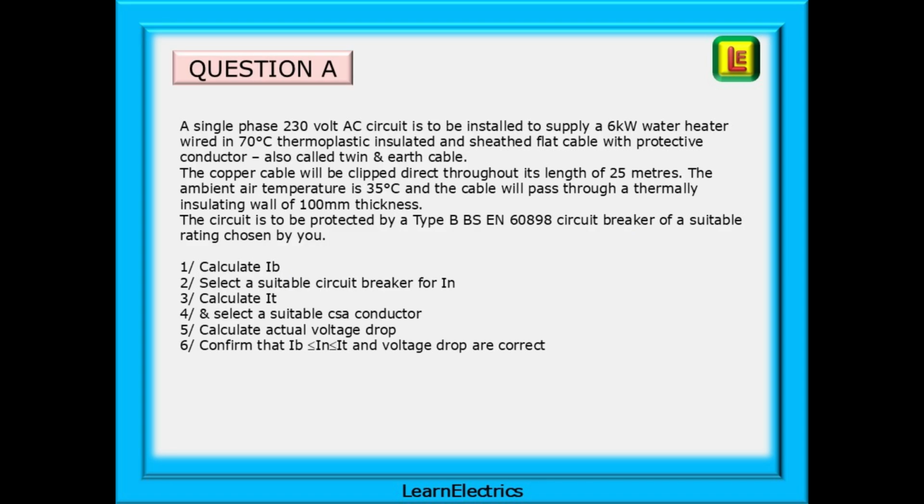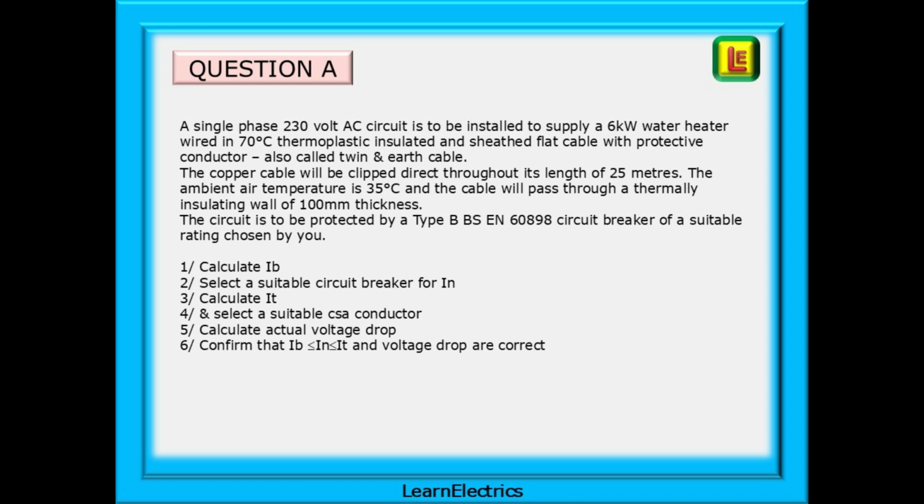Let's look at the type of question you might have. A single-phase 230 volt AC circuit is to be installed to supply a 6 kilowatt water heater that is wired in 70 degrees Celsius thermoplastic insulated and sheathed flat cable with a protective conductor, what most of us will call twin and earth cable.